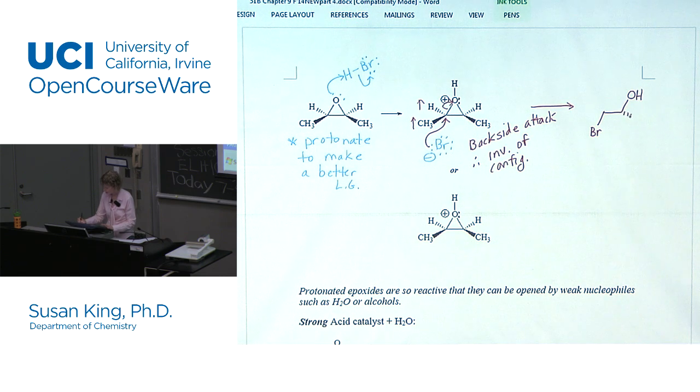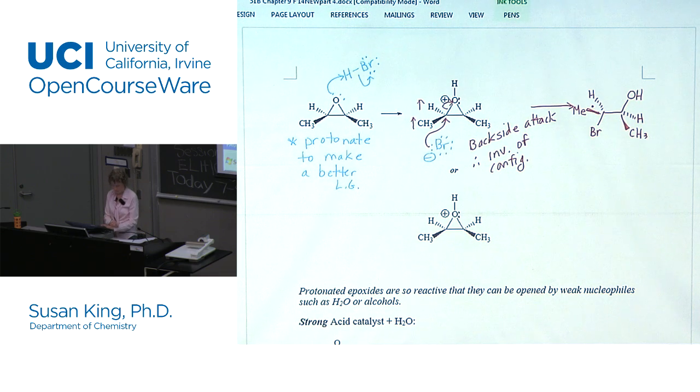On the right-hand side, we are not attacking, so those groups are going to be in the same spot. On the left-hand side, we attack the bromide opposite the leaving group, so I'm just moving this hydrogen up a little bit. I'm moving the methyl up a little bit, but they still have the same orientation. So just like that. I didn't leave enough room for CH3, so I'll just write Me. Me is a good abbreviation for methyl that you can use. Feel free to use that on the test.